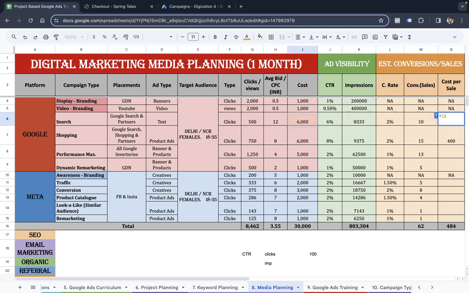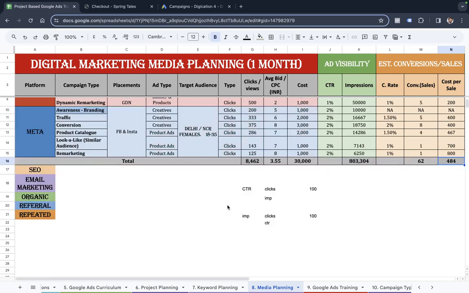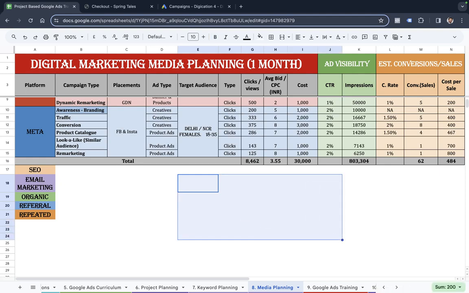So this is equal to cost divided by sales. We have generated a sale at the cost of 600 rupees from the search campaign. Then we simply copy and paste the formulas throughout the cells. So now we are talking about generating a sale at the cost of 484 rupees, which is very, very high.